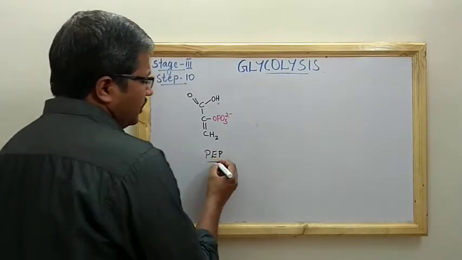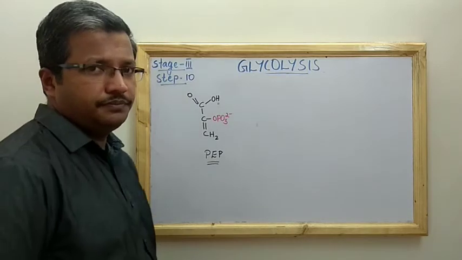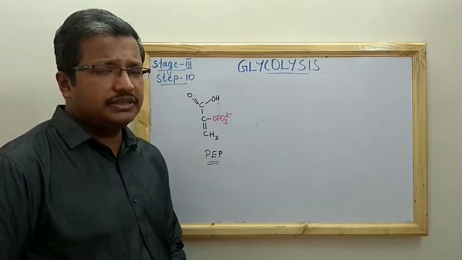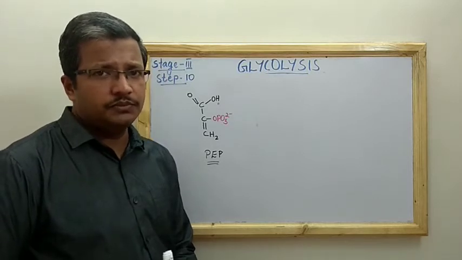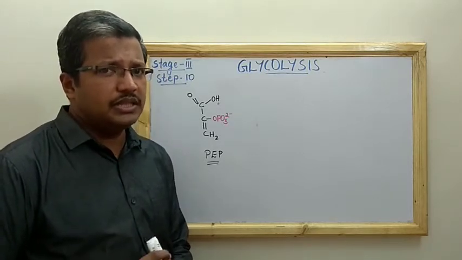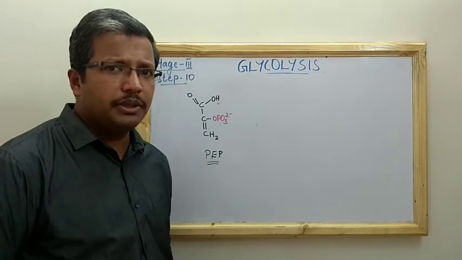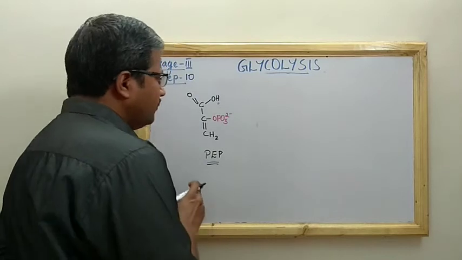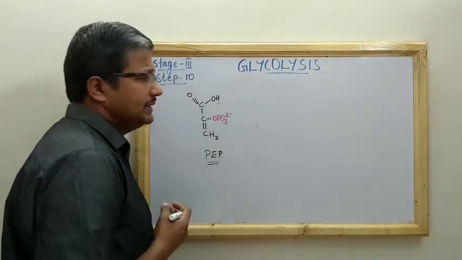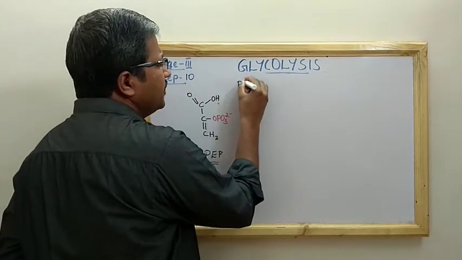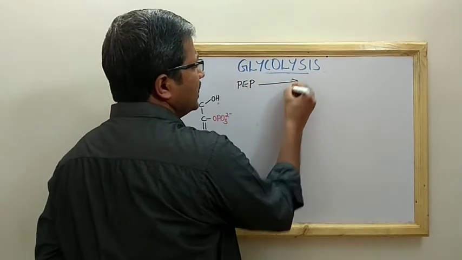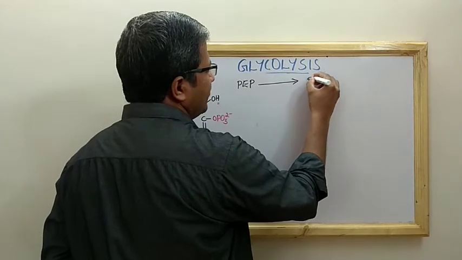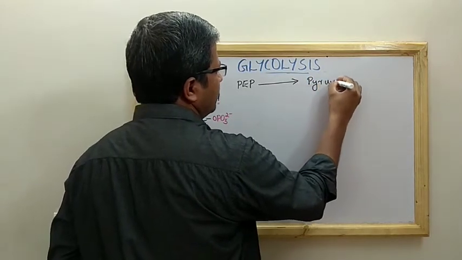Here, phosphoenol pyruvate is converted simply into pyruvate. Pyruvate is an example of a keto acid. So PEP is converted irreversibly into a keto acid known as pyruvate.